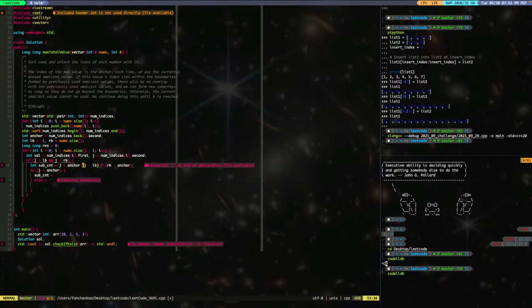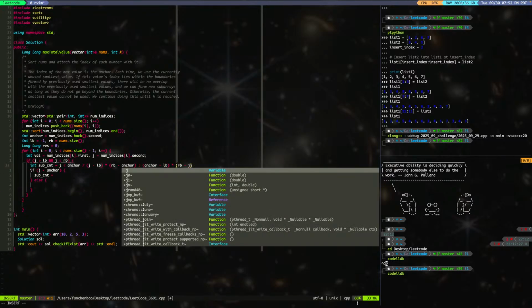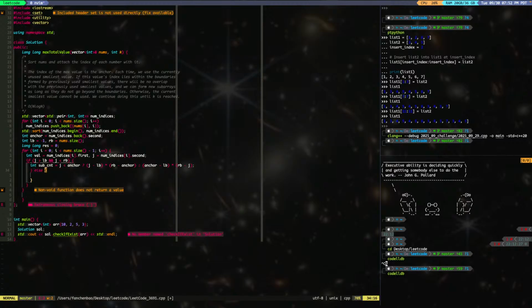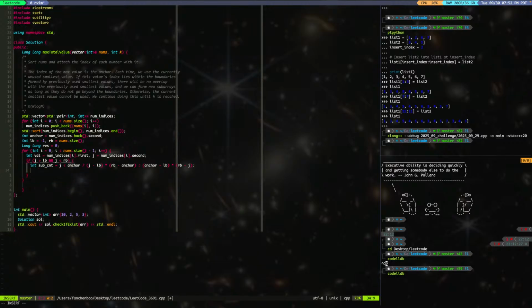Otherwise, j is larger than the anchor, so it should be anchor minus left bound times right bound minus j. So that's the count, right?